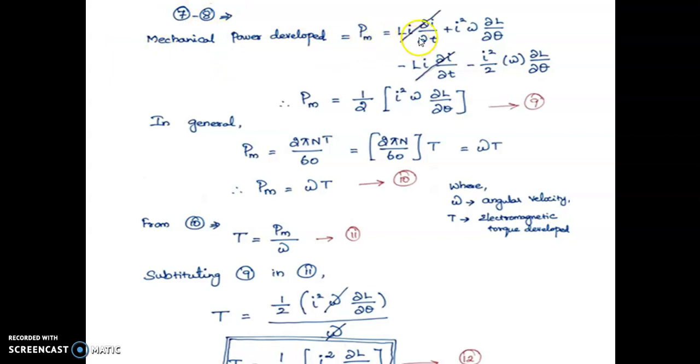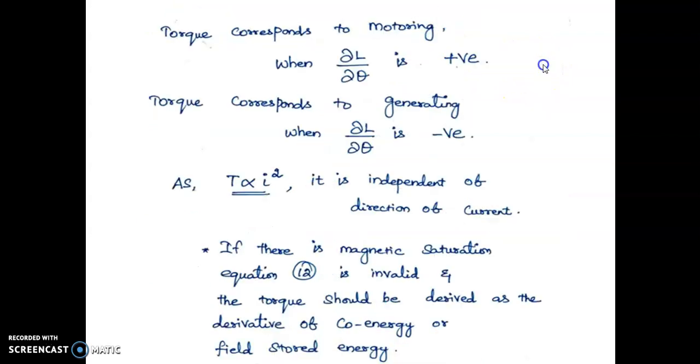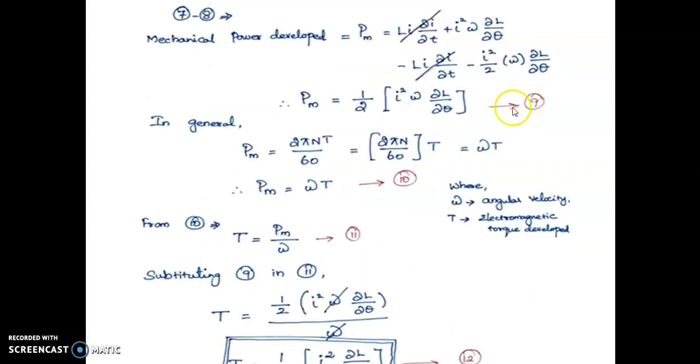Pm is equivalent to Li ∂i/∂t plus i²ω ∂L/∂θ, this is the power input, minus Li ∂i/∂t minus i²/2 ω ∂L/∂θ, this is the power due to variation in the stored energy. If we subtract, the two common terms Li ∂i/∂t will be cancelled, and we will be getting half into i²ω ∂L/∂θ, and this is assumed as equation number 9.